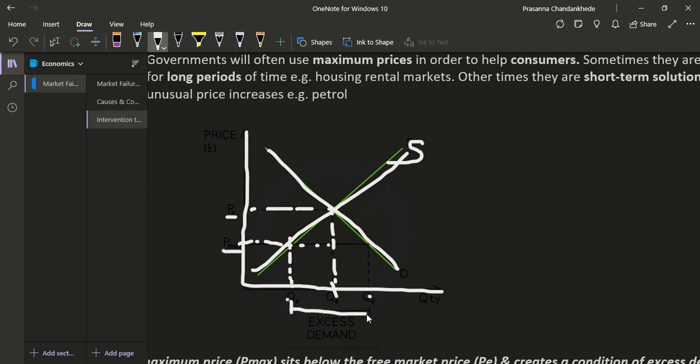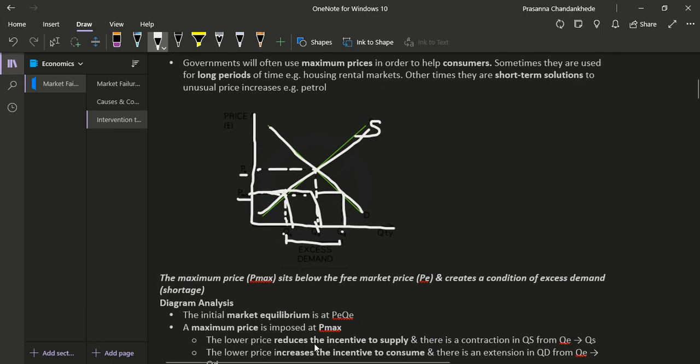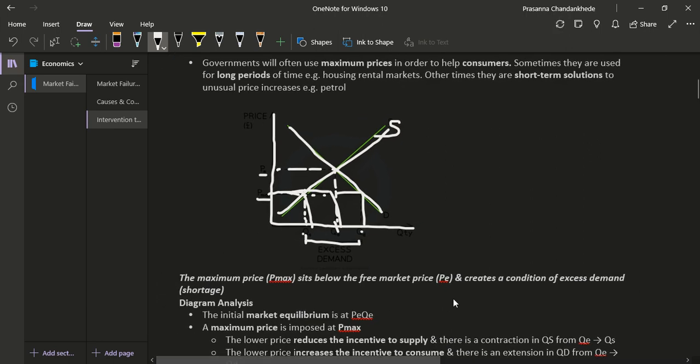This space in the middle is our excess demand. The maximum price sits below the free market equilibrium price and creates a condition of excess demand or shortage.